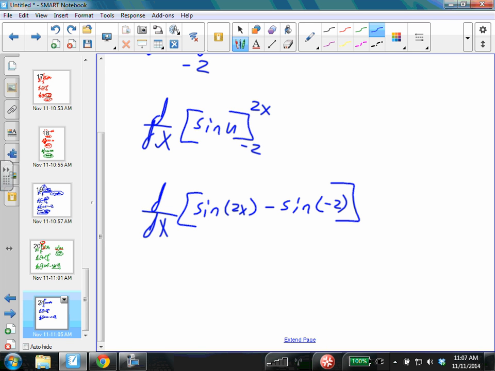What is the derivative of sine of 2x? 2 cosine of 2x. And then the derivative of sine -2? 0, right? Piece of cake.